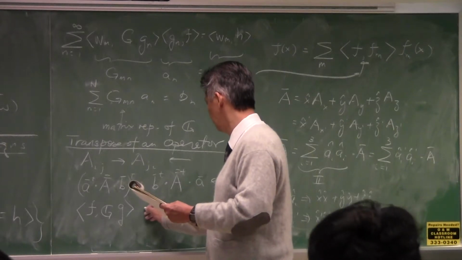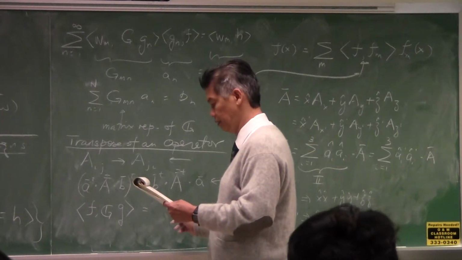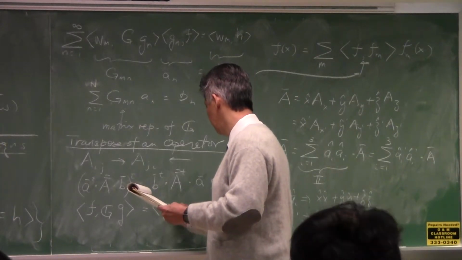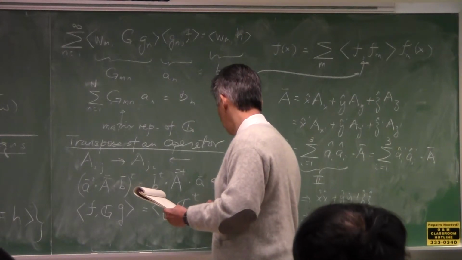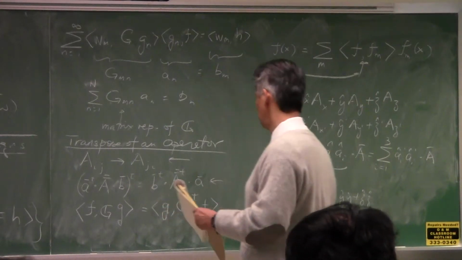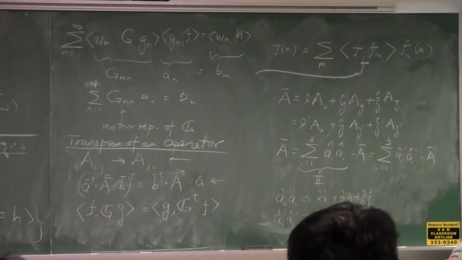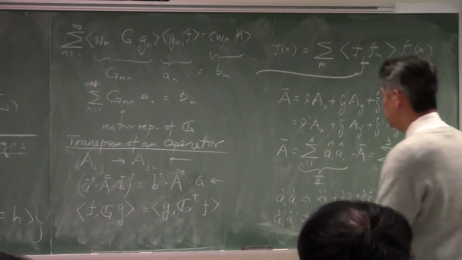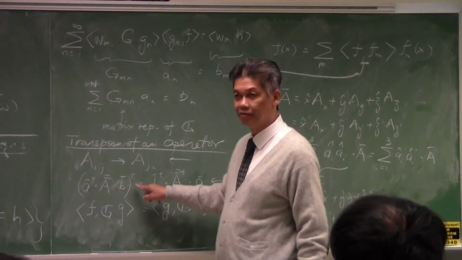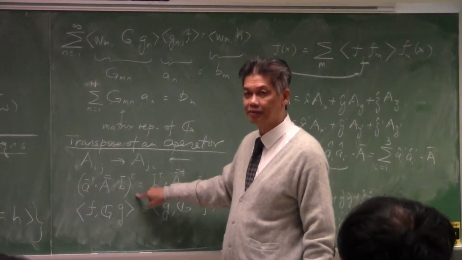Okay. The inner product of this and this should be equal to this. I think I'm doing it right. This is a scalar quantity. It doesn't matter whether I put a transpose or not, right?